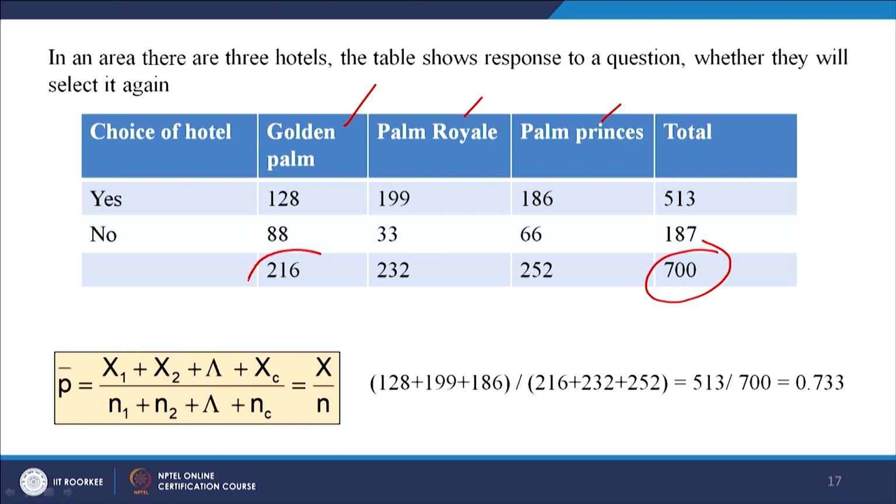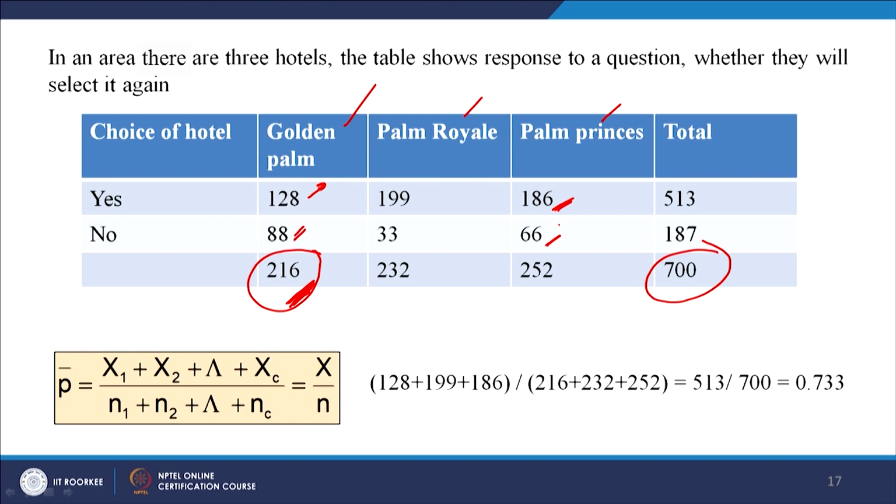When the question was asked to 216 guests of this hotel, 128 said they would come again in that hotel and 88 said no. Similarly, in Palm Princess Hotel 186 said they will come again and 66 said no, they will not come again.